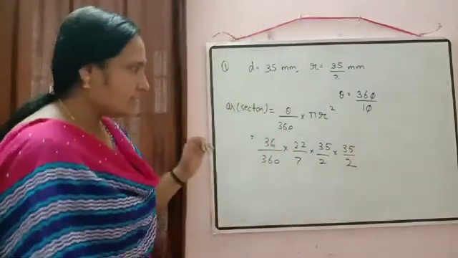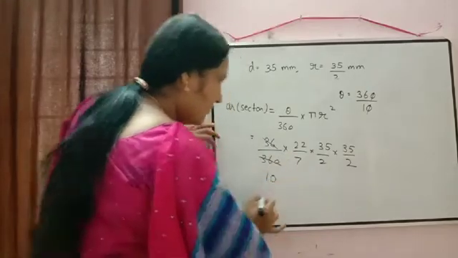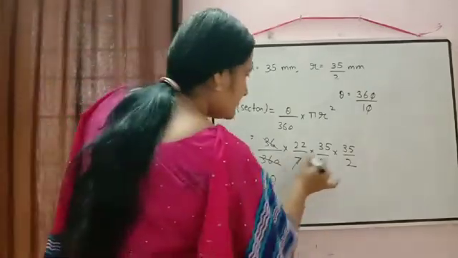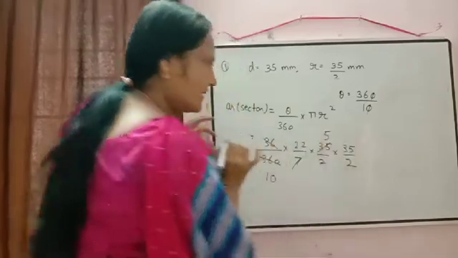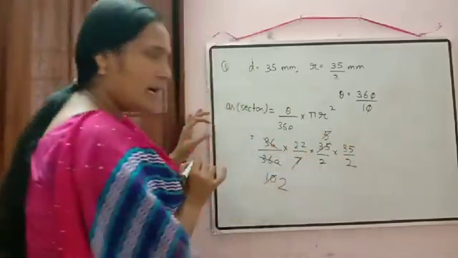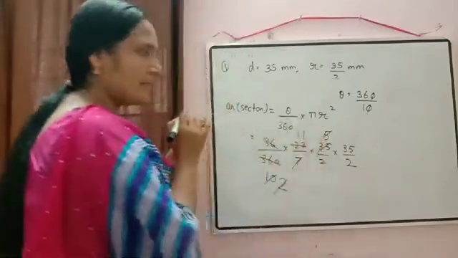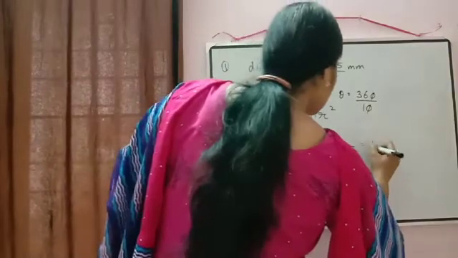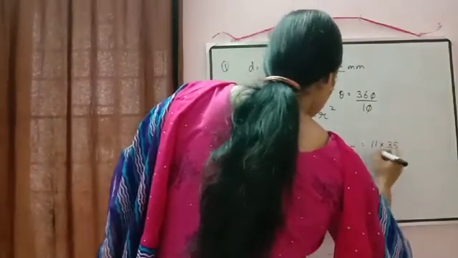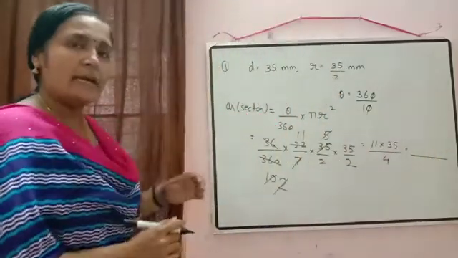Now we can do the cancellation here. 36 by 360 will be equal to 1 by 10. Then here 7 5s are 35, 5 1s are 5, 5 2s are 10. Then here 2 and this one will get cancelled. So we will get here 11 into 35 by 2 into 2. Now remaining you can multiply and just write down the answer.